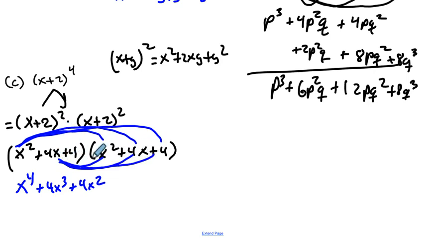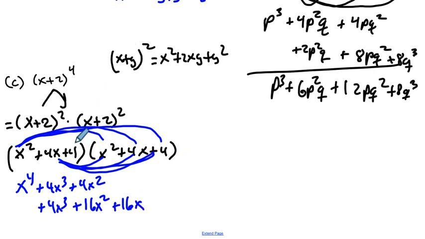So 4x times x squared is 4x cubed. So I'm going to do it right below here. Plus 4x cubed. 4x times 4x is 16x squared. Notice that I'm lining these up because they have the same variable and base.